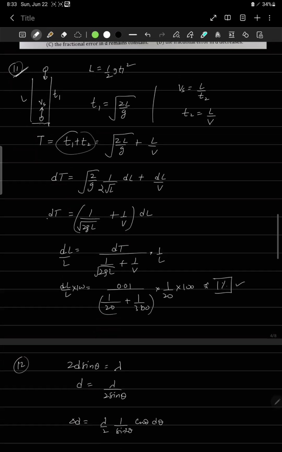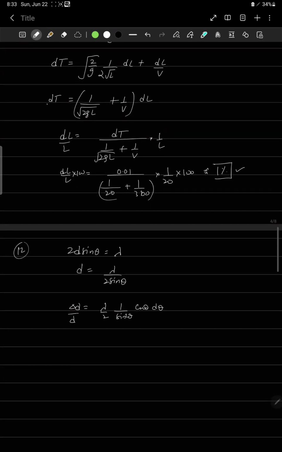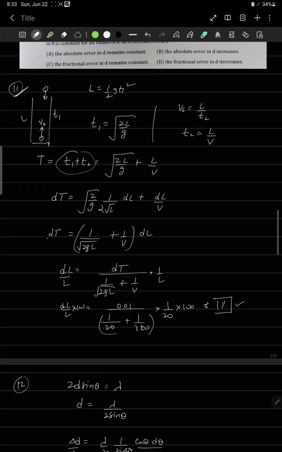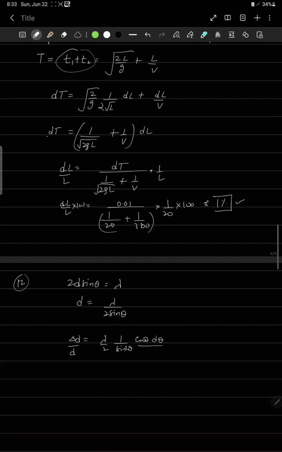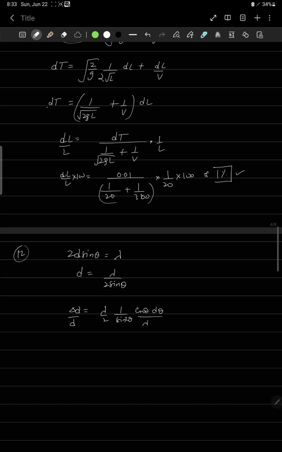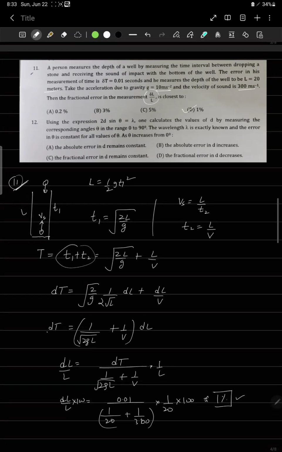Now if we calculate the fractional error, we divide by d, and d is lambda by 2 sine theta. So sine theta is cancelled, lambda is cancelled. The fractional error in d is equal to cos theta d theta divided by sine theta. Now it says theta increases from 0 degree.